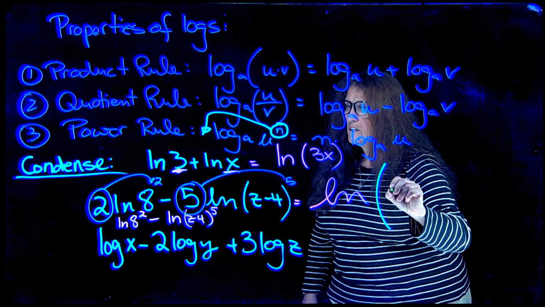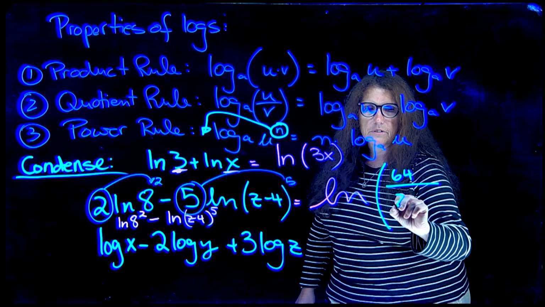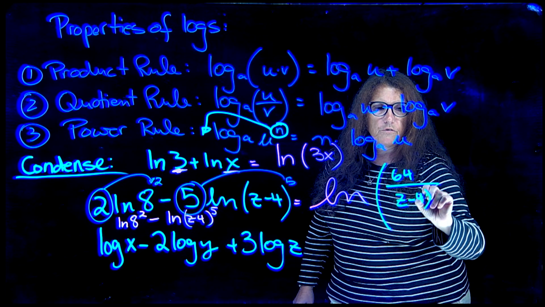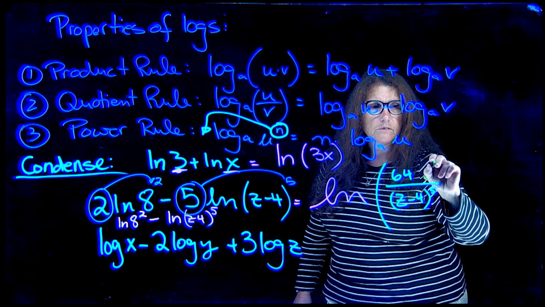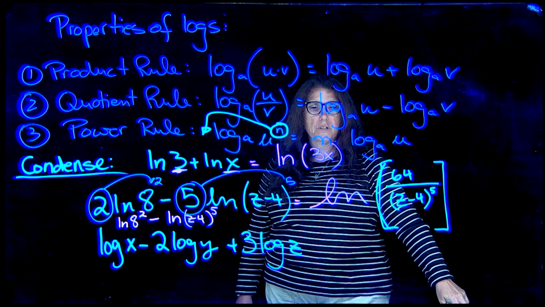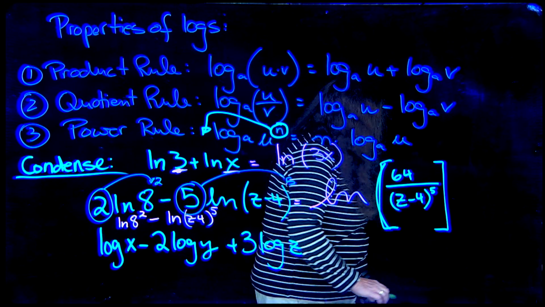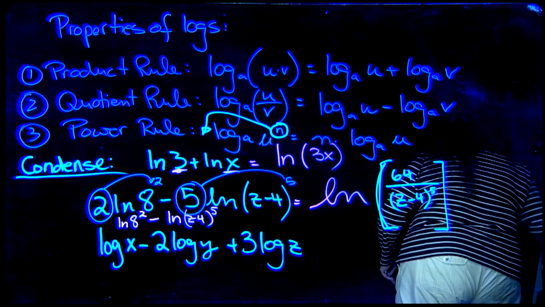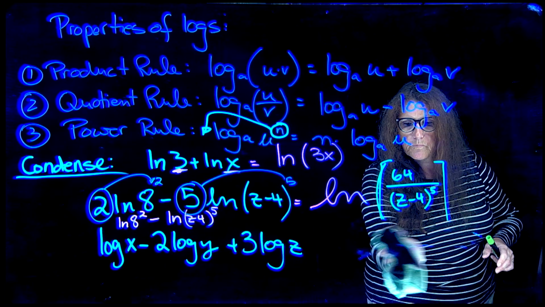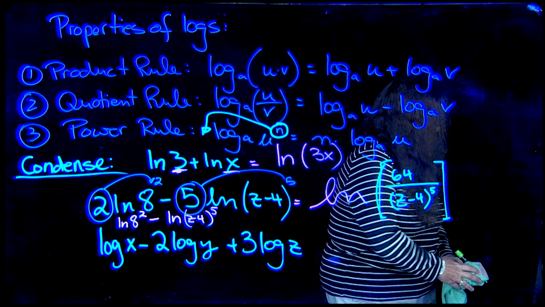So this becomes 8 squared, which is 64, all over (z minus 4) to the 5th power. Here you go. Let me write it in brackets. This looks better. Okay, I condensed it. And I think I wrote a little bit too large. I have no more room for the other problem that I wanted to do. I'll make this a little smaller. Here you go.